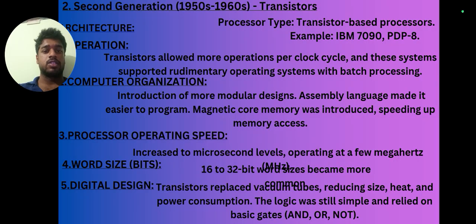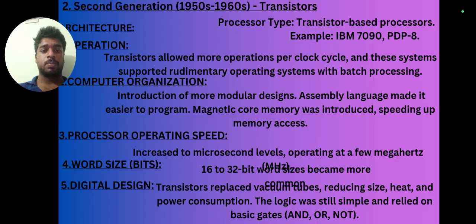In the organization of the computer, more modular designs were introduced. Assembly languages made it easier to program. Magnetic core memory was introduced, speeding up memory access.